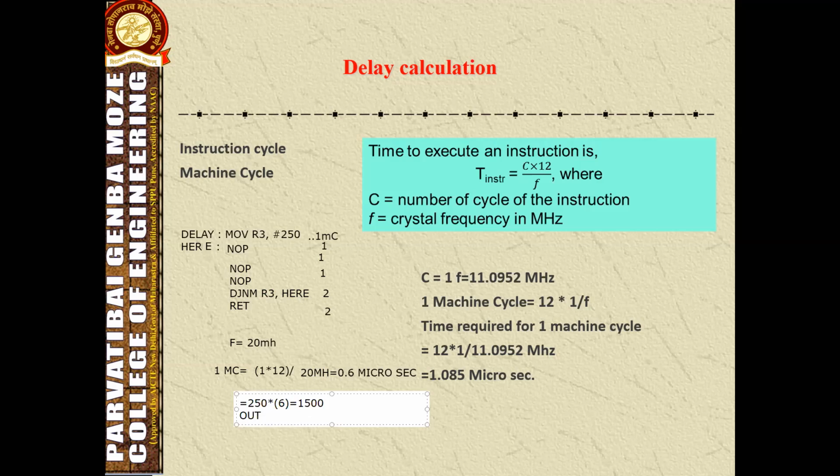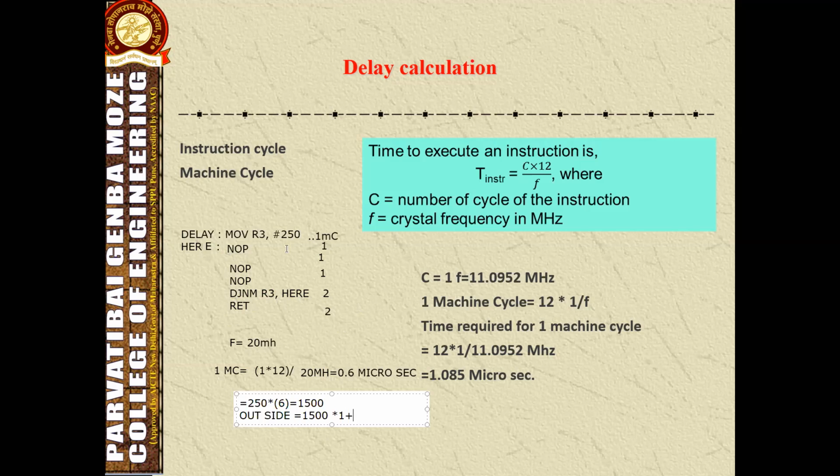So for the outside loop, it will take a total of 1500 into this one also. After this, RET comes outside of the loop.